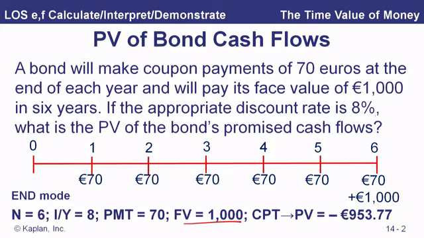And that's the future value at the end of 6 years. We're in end mode, each of those interest payments coming at the end of each year. And so the value of this bond, the present value of those promised cash flows, is 953.77 euros.